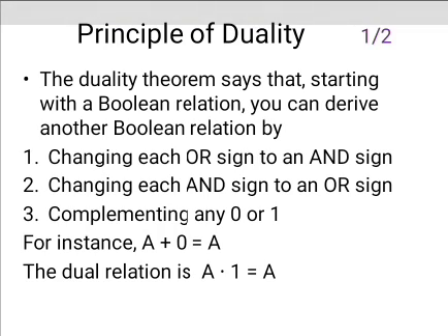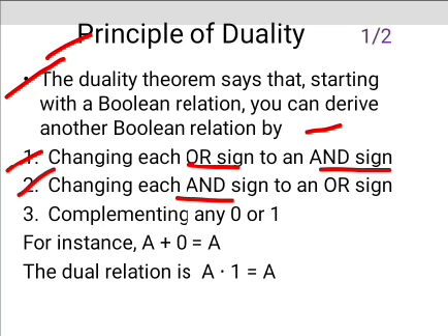Next is the principle of duality. The duality theorem says that starting with a Boolean relation, you can derive another Boolean relation by, first one, changing each or sign to and sign. Second one, changing each and sign to or sign. Third one, complementing any 0 or 1.